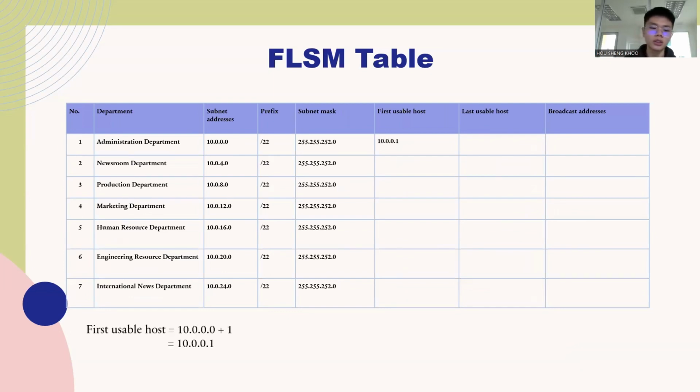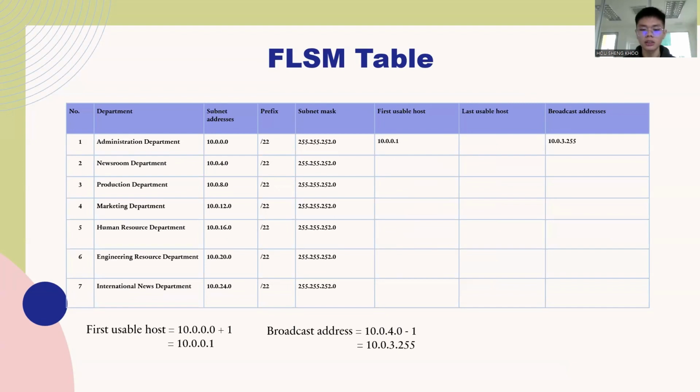For the first usable host, we use the subnet address plus 1, so the result is 10.0.0.1. After that is the broadcast address. For the broadcast address, we use the subnet address of the next department, which is 10.0.4.0, minus 1.